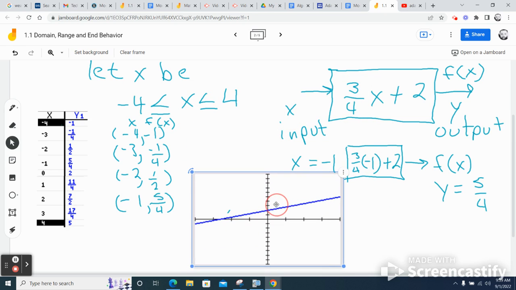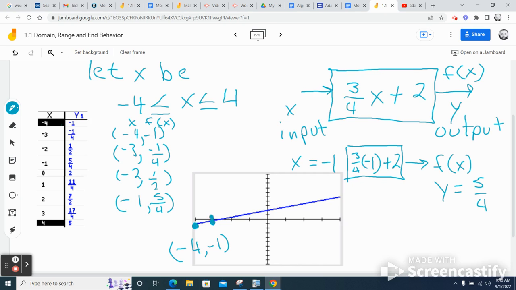And so what I do want you to do, though, is label these points so you kind of see it. So right here, this point is -4, comma, -1, right? This point here is -3, comma, -1/4.